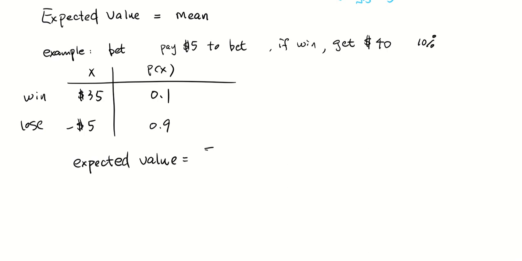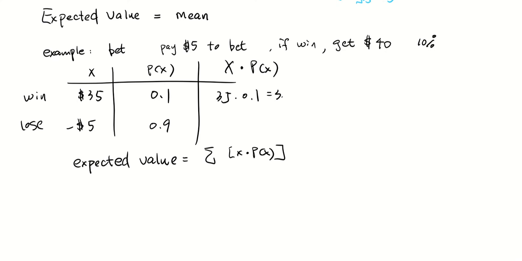So that is equal to the sum of x times p of x. Here we have 35 times 0.1, that's 3.5, and negative 5 times 0.9, that's negative 4.5.